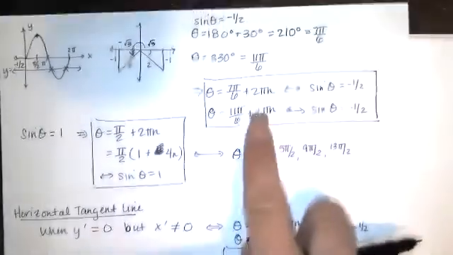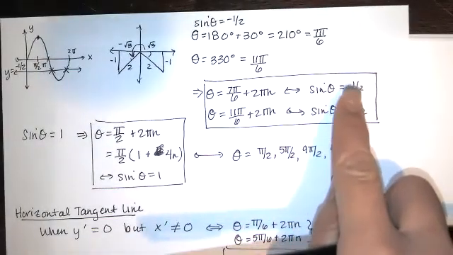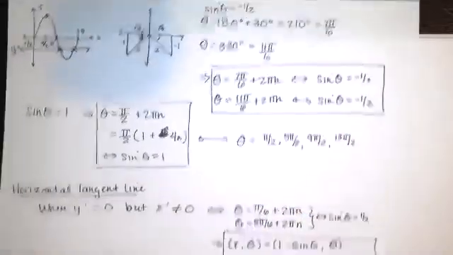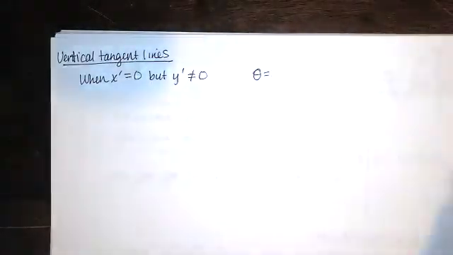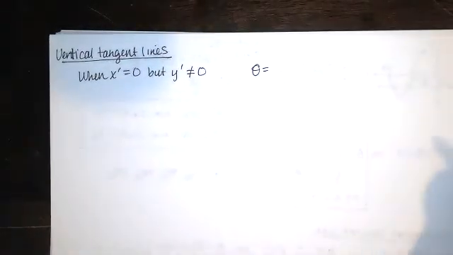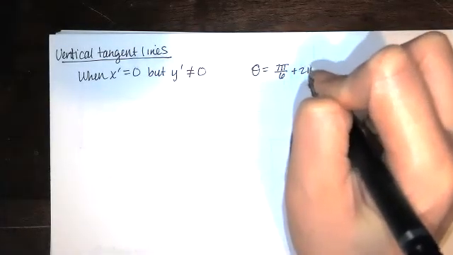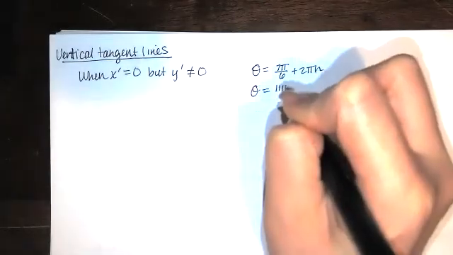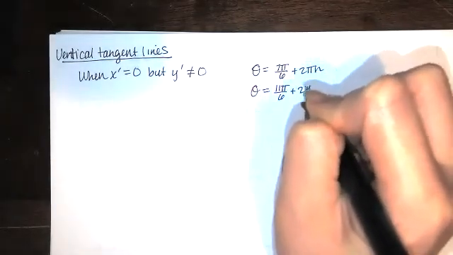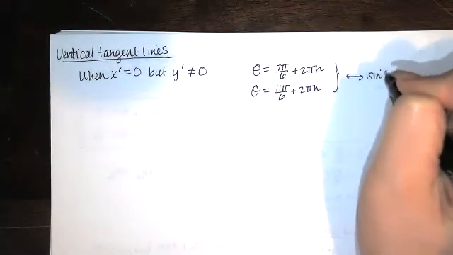So those are the thetas that we have, and then to find the r's, we just do 1 minus sine of theta, which is 1 minus negative 1/2. So theta equals, it looks like, 7 pi over 6 plus 2 pi n, and 11 pi over 6 plus 2 pi n. And those correspond to sine being negative 1/2.